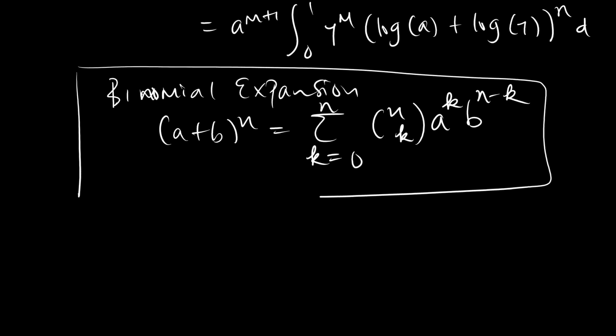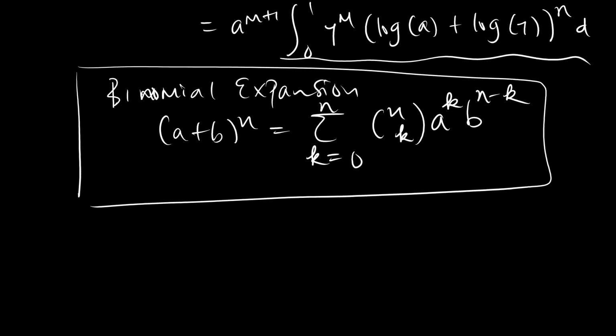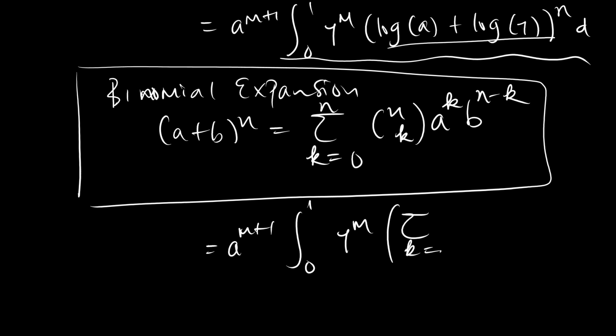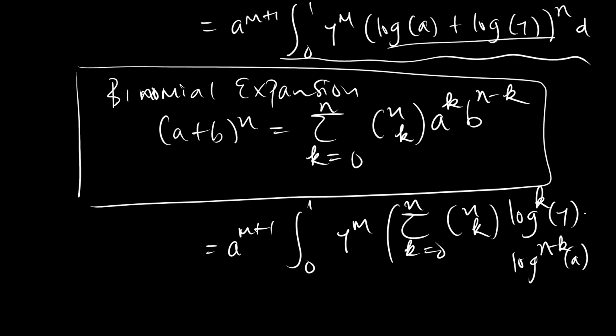Using this, our integral here becomes a to the m plus 1, integral of y to the m, times the summation from k equals 0 to n of the binomial coefficient n choose k, and let's swap it so that we have log to the k of y times log to the n minus k of a.